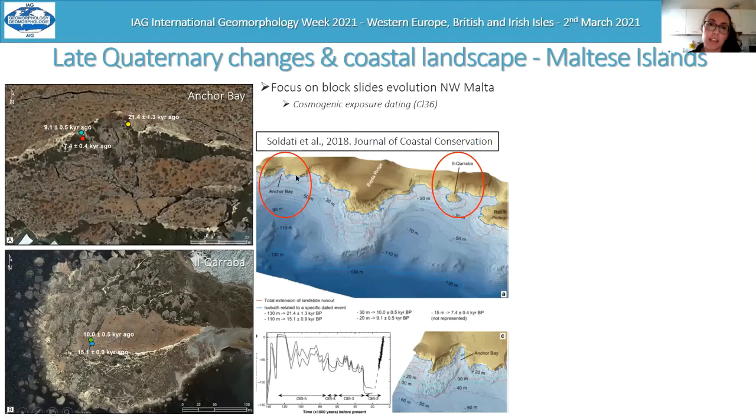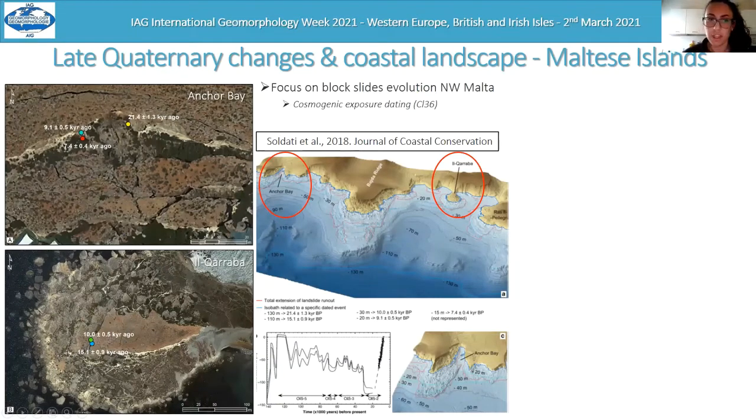In the first site, Anchor Bay, we dated the most ancient detachment, which occurred during the last glacial maximum, 21,000 years ago. And then two secondary detachment events occurred 9,000 and 7,000 years ago. While at Ħarrabba, that is this peninsula, we dated two detachments that occurred 15,000 and 10,000 years ago.